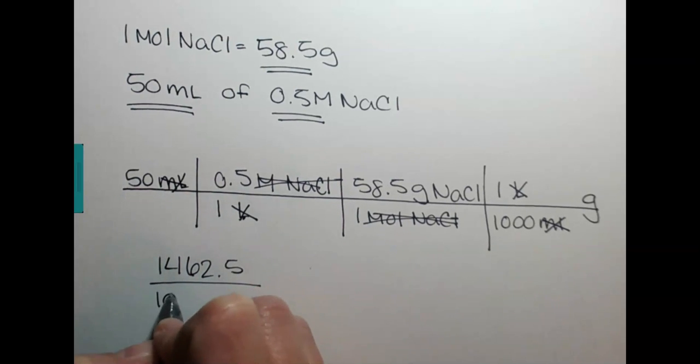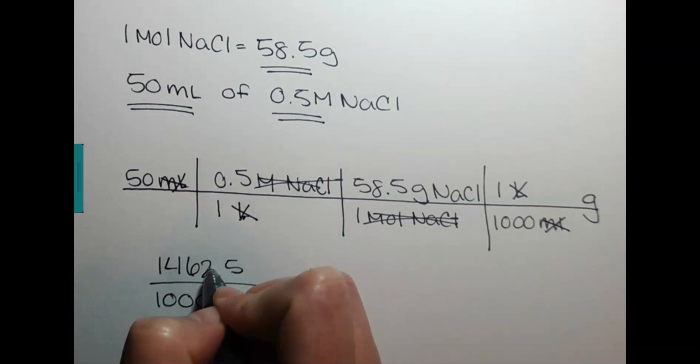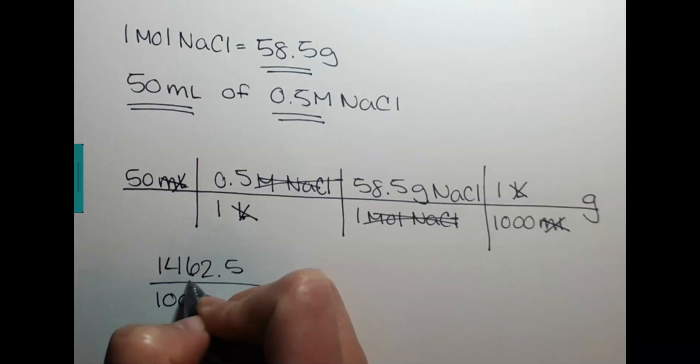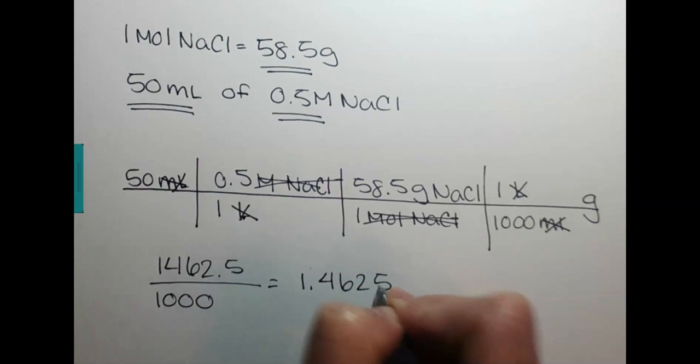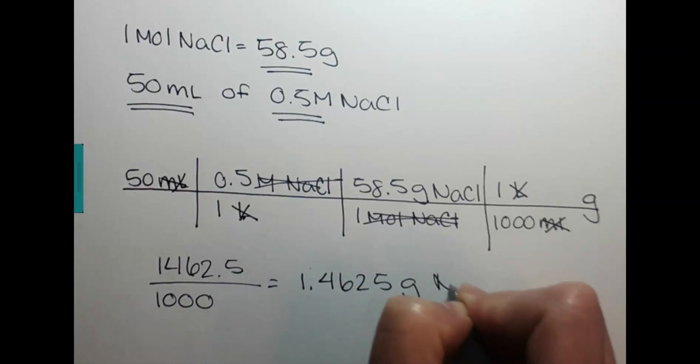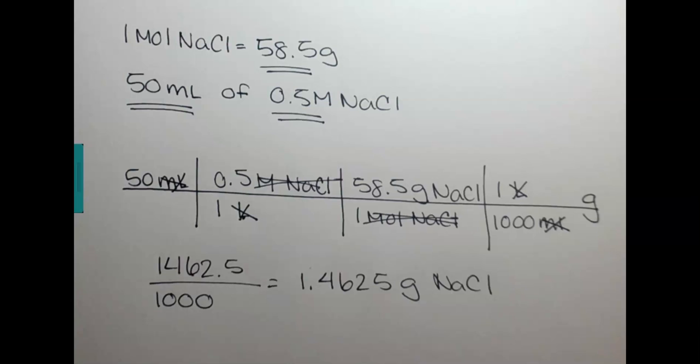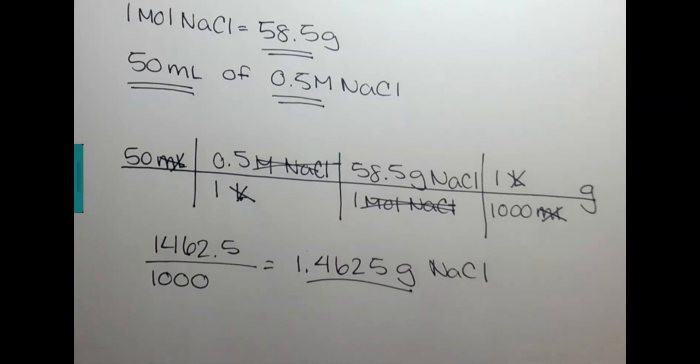So top divided by bottom, I'm going to move my decimal place 3 places, and that will give me 1.4625 grams NaCl. So again, the next step in the actual lab would be to measure out this many grams of sodium chloride.